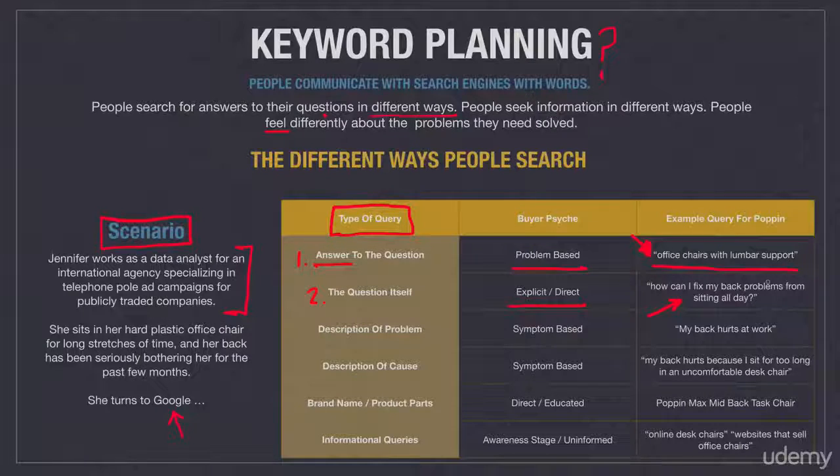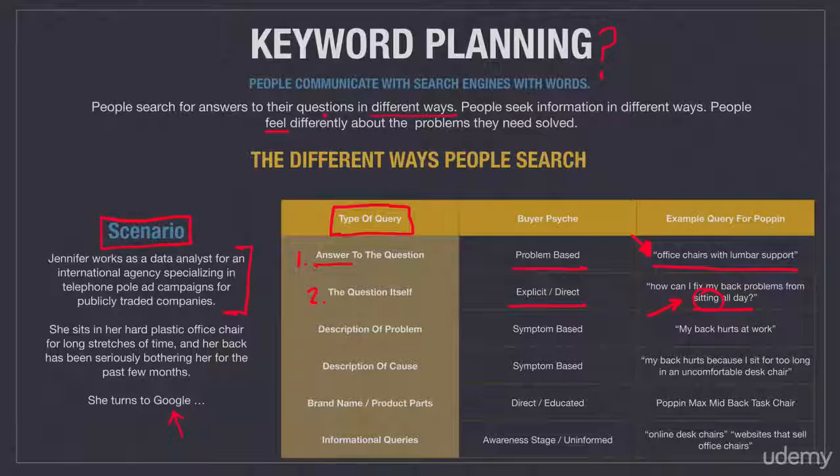So we don't know that she wants or would even be willing to buy an office chair, and that diminishes the commercial intent of this keyword over here. So we're not really necessarily sure that she wants to buy an office chair, even though she wrote problems from sitting all day. Even though she used that word sitting, we're not really sure that that's what she's looking for.